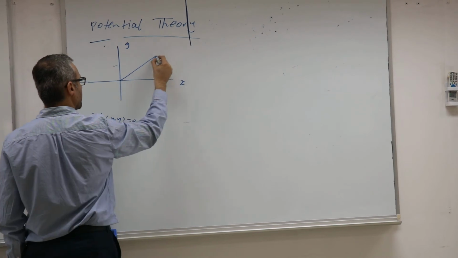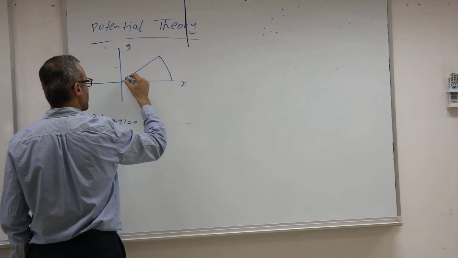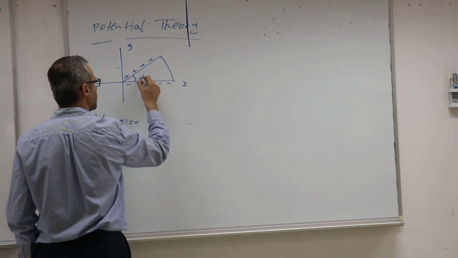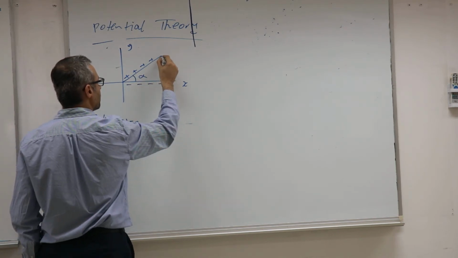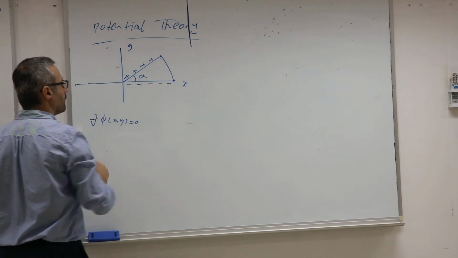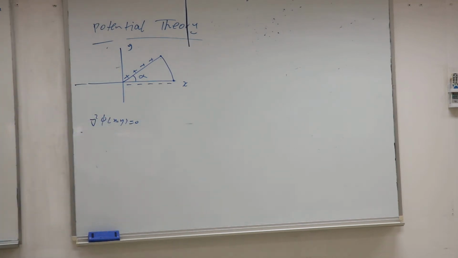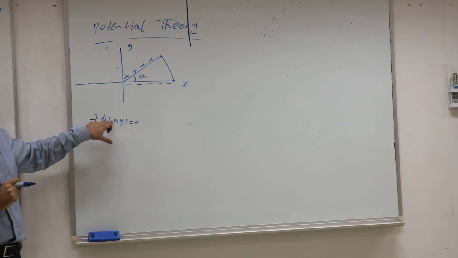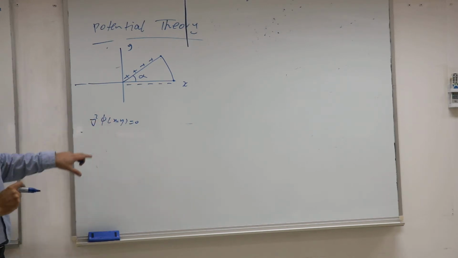For example, if I make a problem like that, if I have a corner or cone and the cone has the charge, finding the solution for that is not very easy because you need to check that.